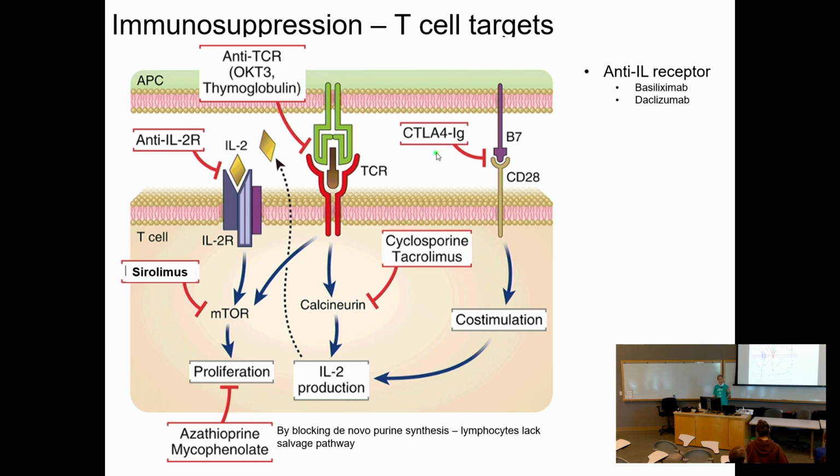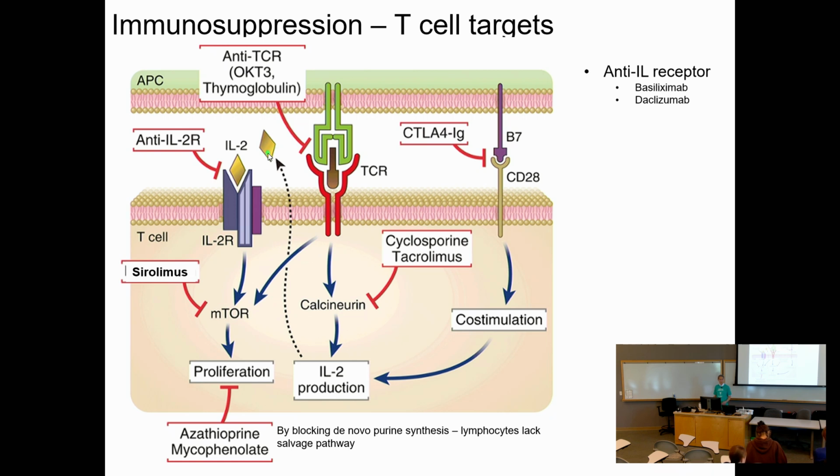CTLA-4 is part of the adaptive immune system that comes in and shuts down the immune system after a pathogen has been eliminated, by interacting with the co-stimulatory receptor here and the ligand here. So this monoclonal antibody acts like CTLA-4, blocks co-stimulation, and shuts down activation of the T cell. If you don't have that, co-stimulation eventually results in IL-2 production.